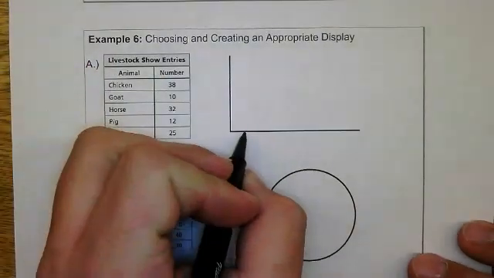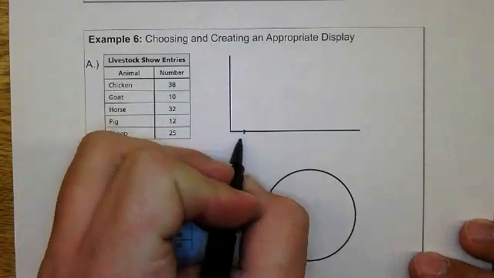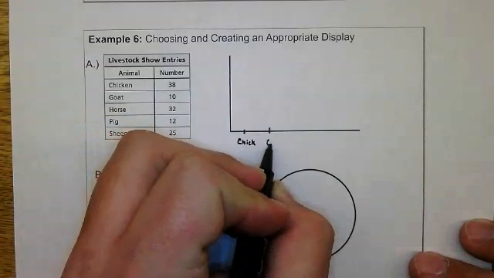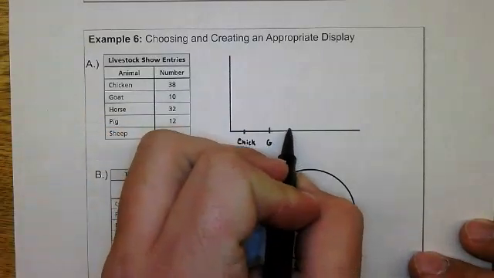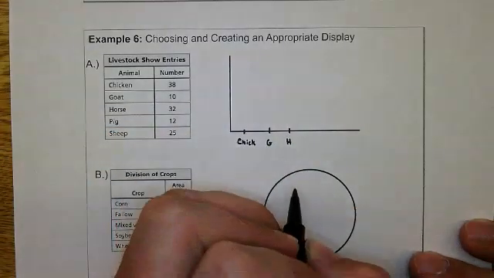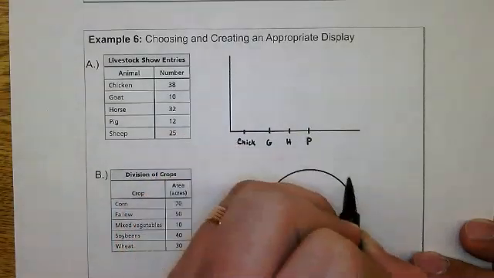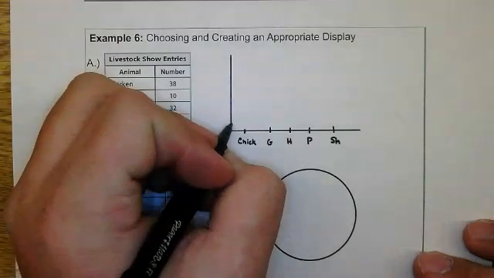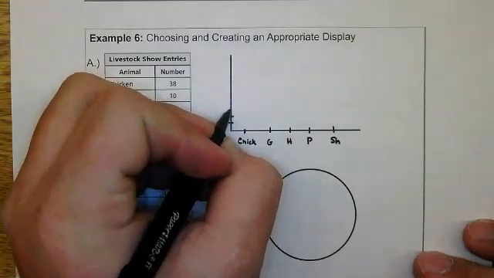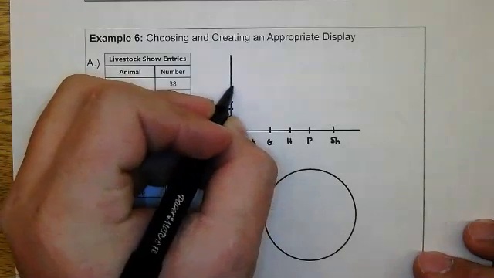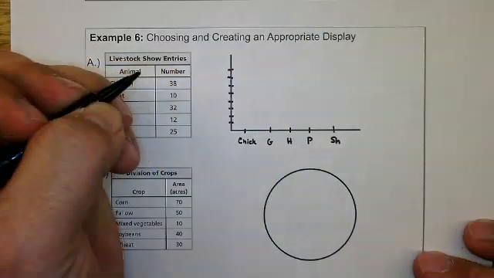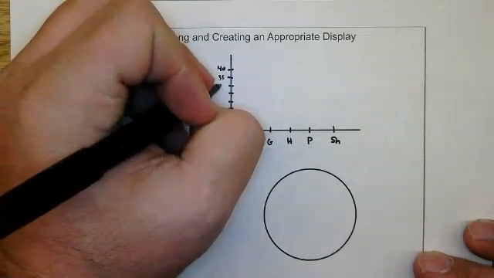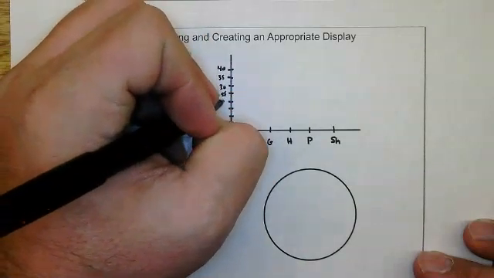So here I'm going to say chicken, goat, horse, pig, sheep. And then I just scale.